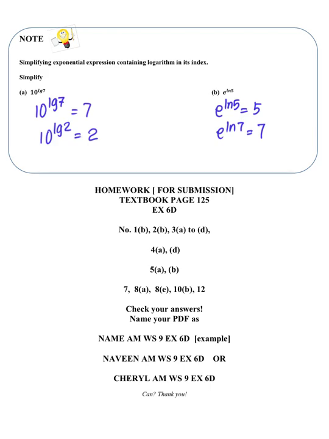Also, ln e to the power 7, and of course lg 10 to the power 2 is equal to 2, because your ln and your e neutralize each other.